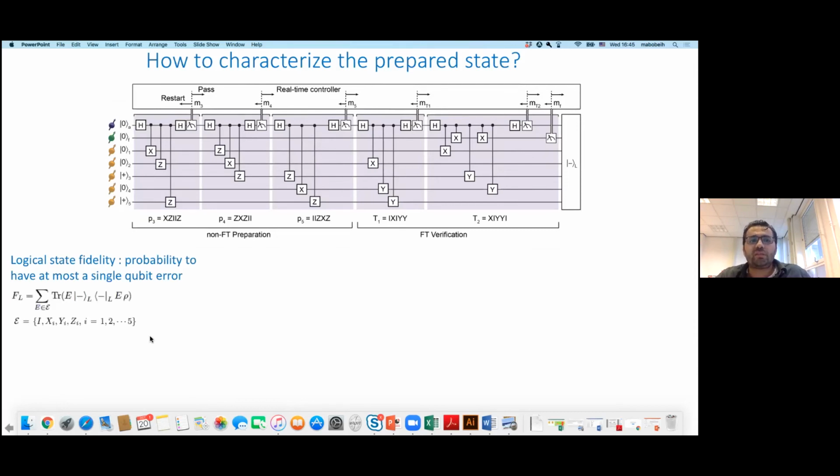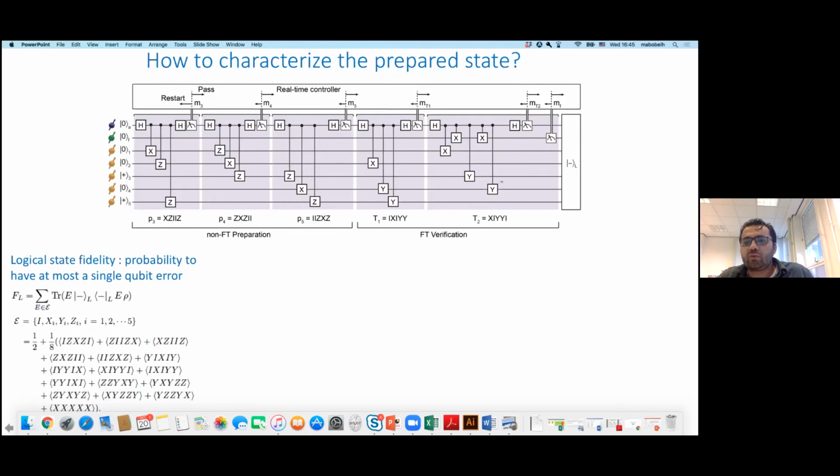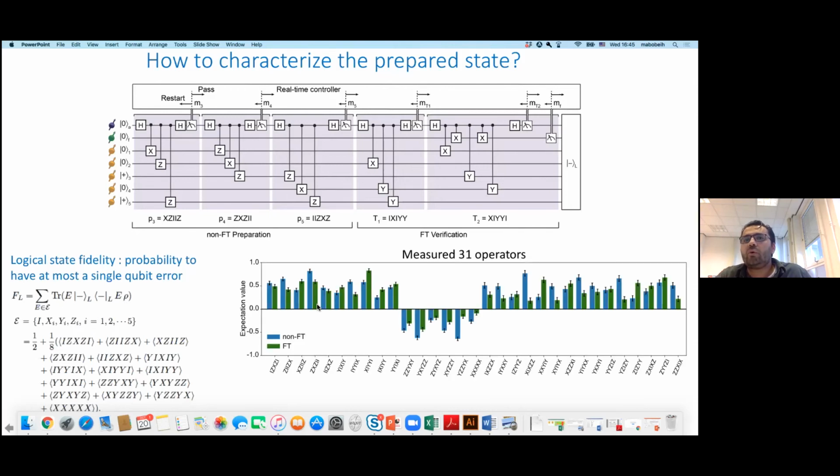To measure this, we need to calculate the overlap between the prepared state and the target state up to single qubit error. This is the formula that we get. We basically need to measure these expectation values to be able to calculate this logical state fidelity. So we did that. We measured these 31 operators that define the state, and from that, we calculate the logical state fidelity.